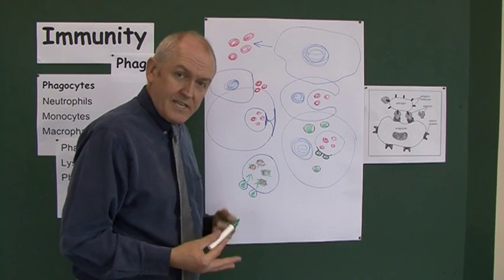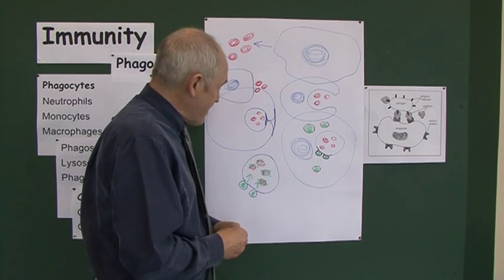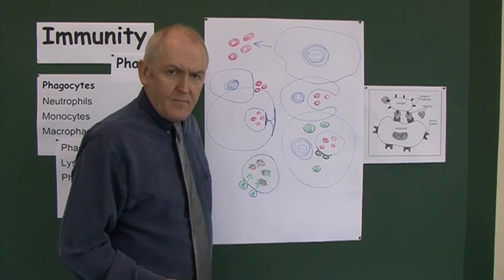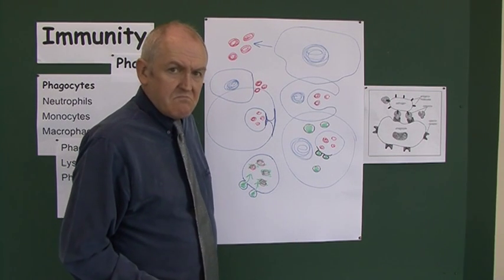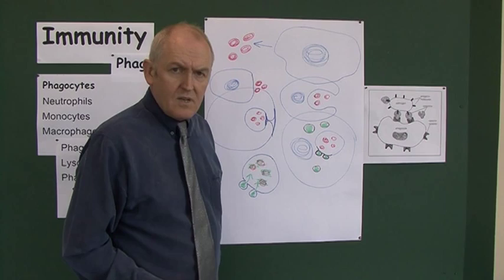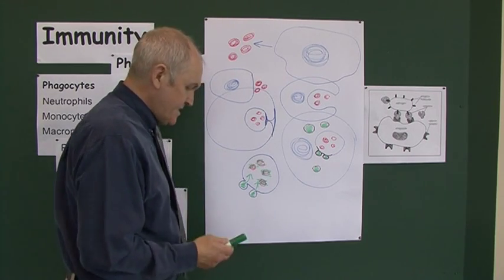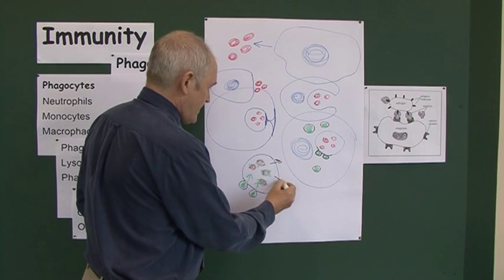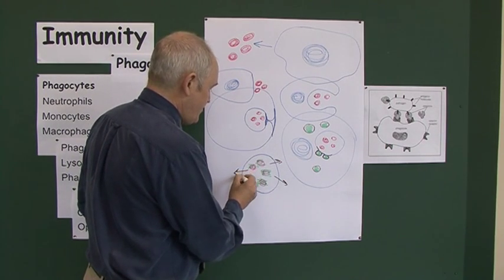This is good because it kills the bacteria. It breaks them down into simple compounds like amino acids, glucose, fatty acids, and these are simply absorbed into the cell, and the cell uses them as nutrients to grow.